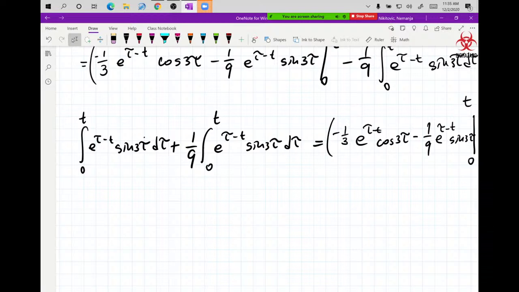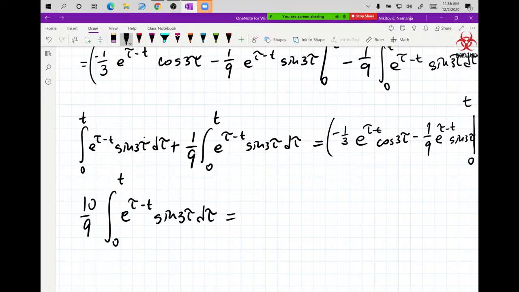Okay, on the right-hand side, you have 9/9 plus 1/9, that's 10/9 of the integral from 0 to t of e to the tau minus t sine 3 tau d tau, is equal to, and now on this side, we get to plug in t's and everything, right? So you get negative 1/3 e to the 0 cosine 3t, when you plug in t for each tau, minus 1/9 e to the 0 sine 3t.